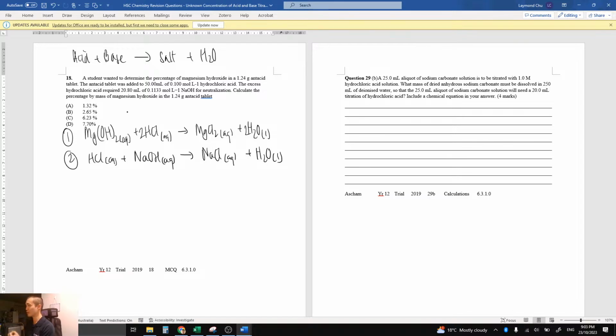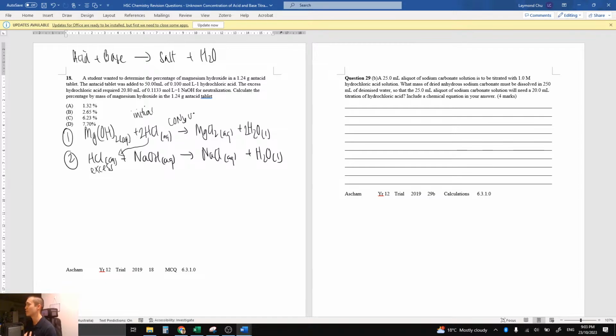So what this question is saying is we have reaction 1 happening in excess acid. Now this excess acid gets titrated with your NaOH. So if we can find the excess, we can deduct it from the initial, which is given by numbers from the question, to see how much was actually consumed.